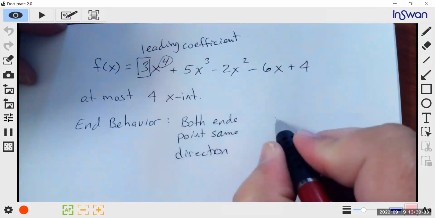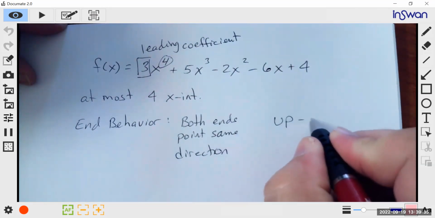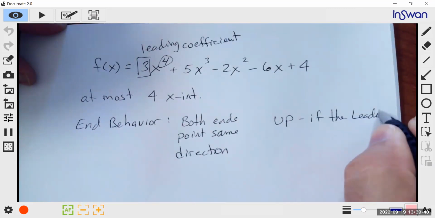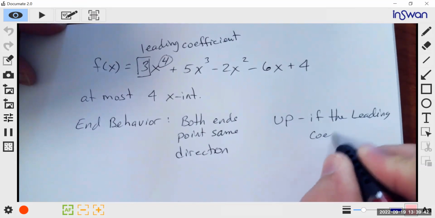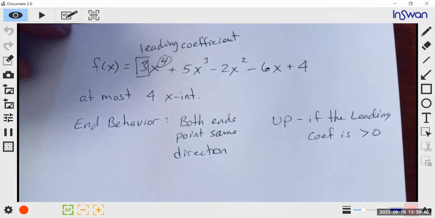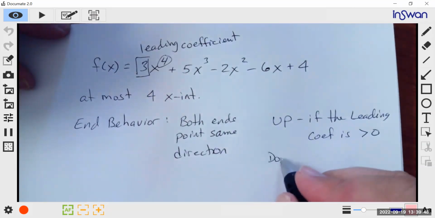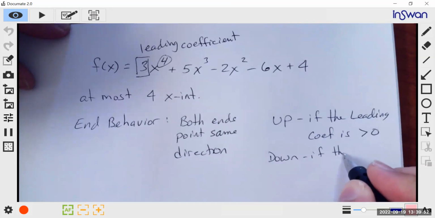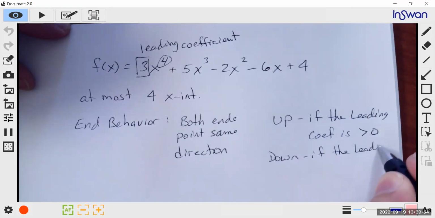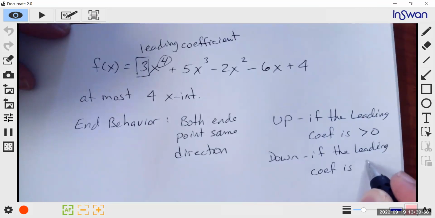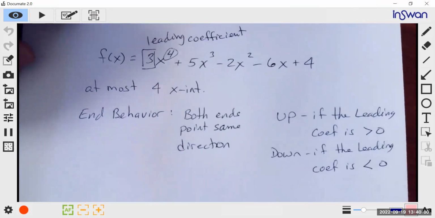Both ends point the same direction: up if the leading coefficient is greater than 0, if it's positive. Down if the leading coefficient is negative, less than 0.